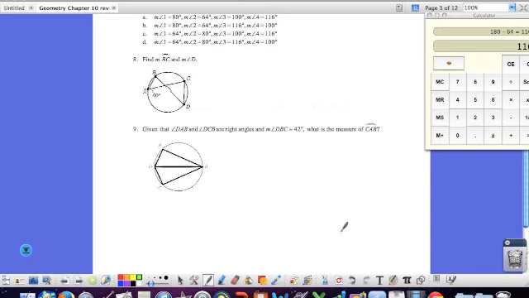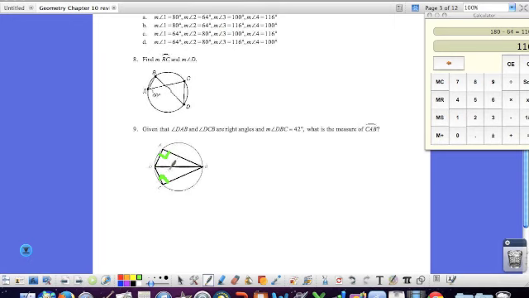And then for number 9, given that DAB and DCB are right angles. So we had a theorem or a rule that we learned that if a triangle is inscribed in a circle and its angle is 90 degrees, then its hypotenuse is the diameter.